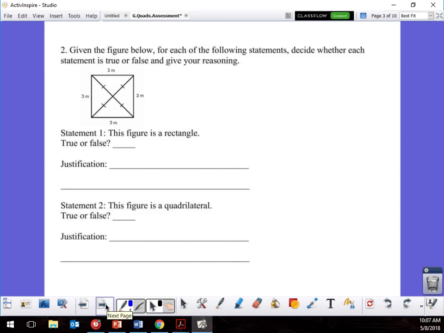Given the figure below, for each of the following statements, decide whether each statement is true, false, and give your reasoning. Okay, this figure is a rectangle. So now, let's find our handy-dandy notebook and go look at a rectangle. Properties of a rectangle.